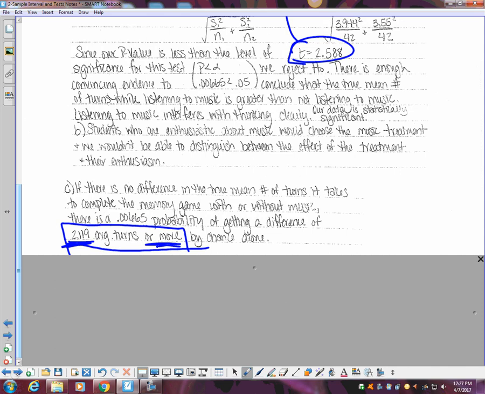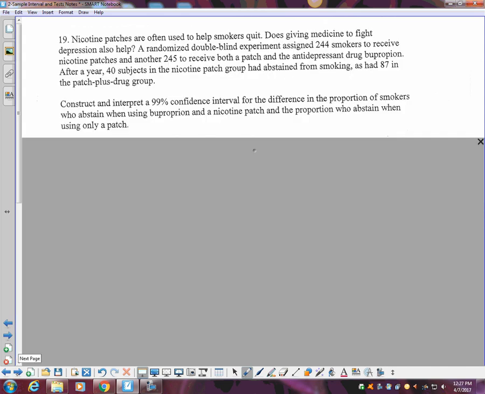Okay, last example. Nicotine patches are often used to help smokers quit. Does giving medicine to fight depression also help? A randomized, double-blind experiment assigned 244 smokers to receive nicotine patches and another 245 to receive both a patch and the antidepressant drug.